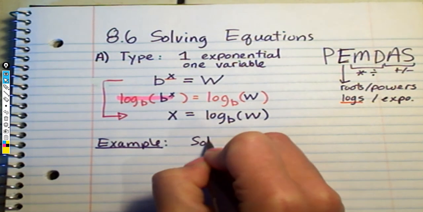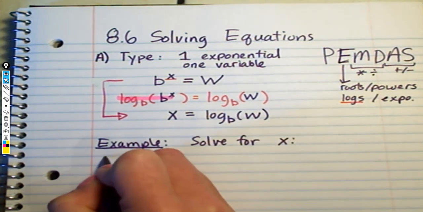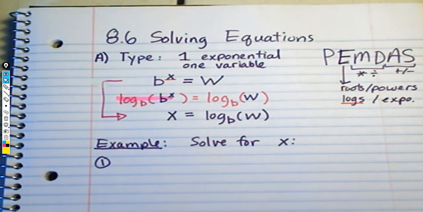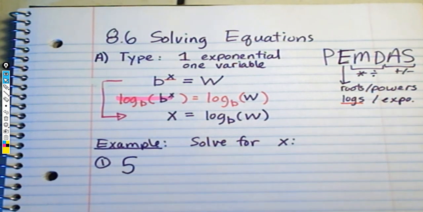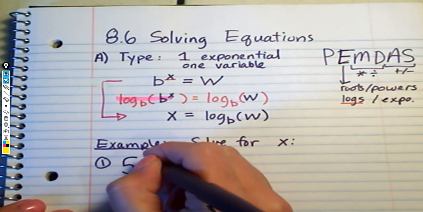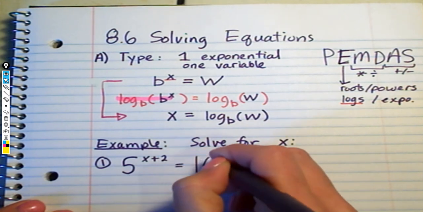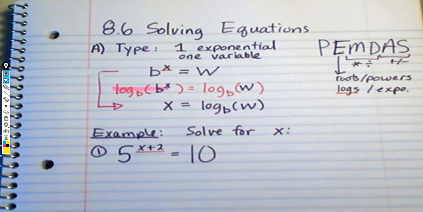Here we go. Solve for x. Okay, so let's start with, I'm going to write my numbers double tall so that we can see where the exponents are. Okay, and I'm just going to underline my exponent.